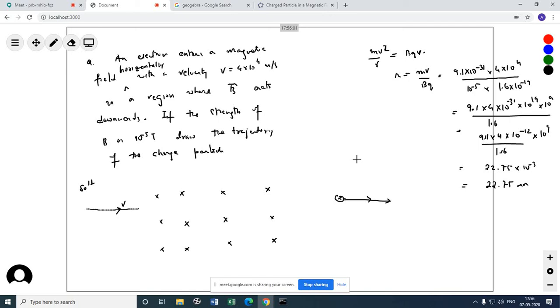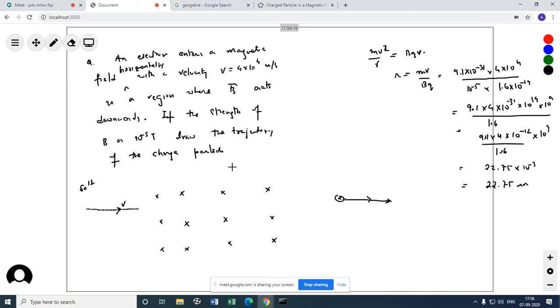We'll talk about that very soon. Right now you know that the charged particle will be coming out this way.